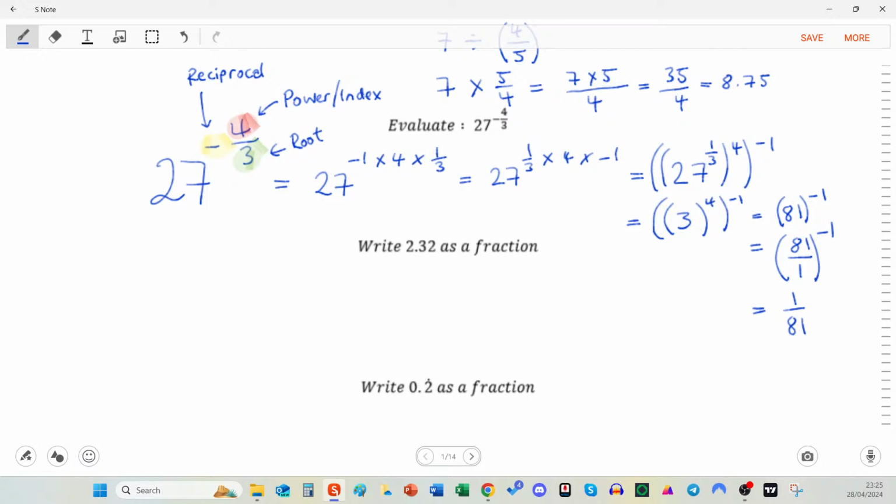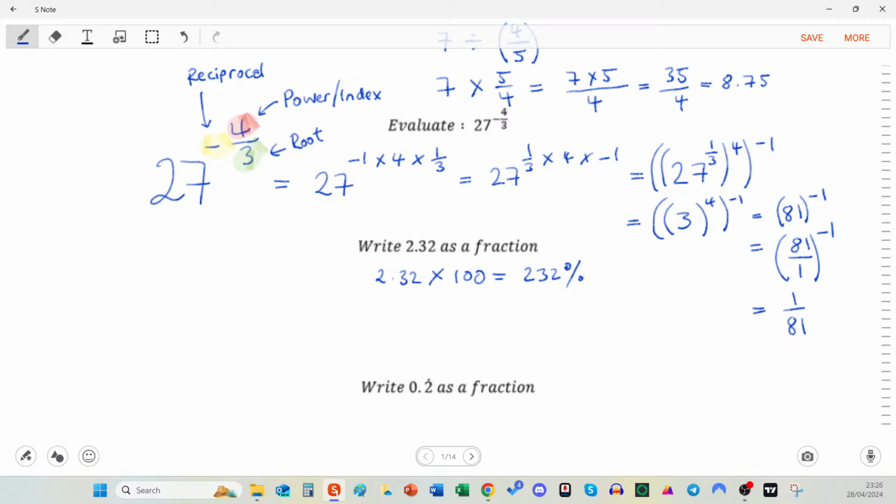Okay, writing 2.32 as a fraction. Disgusting here. But 2.32 as a decimal can be written as a percentage quite quickly by multiplying by 100. So 2.32 multiplied by 100 equals 232, and we know that that is a percentage straight up.